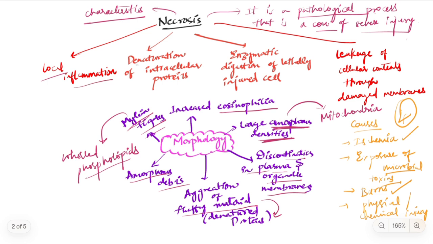Local inflammation, denaturation of intracellular proteins, enzymatic digestion of lethally injured cells, lethally injured cell meaning that it is near to death, and leakage of cellular contents through damaged membranes. If there is necrosis, obviously the membrane will be damaged, and then whatever cellular contents are present in the cell get leaked out.